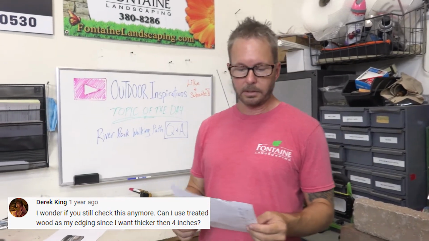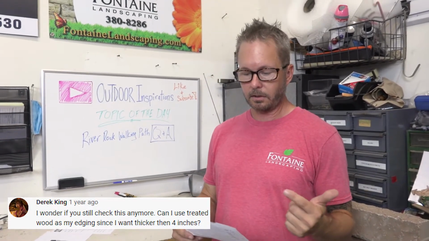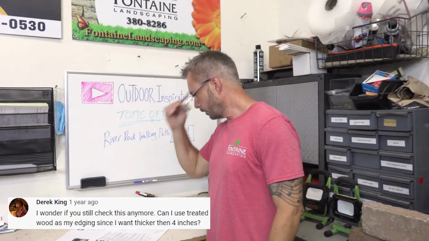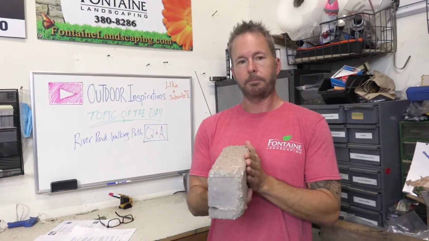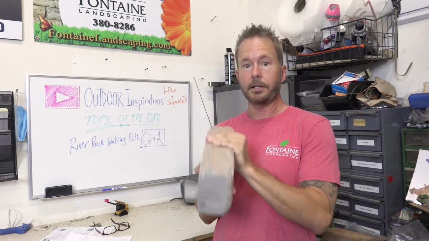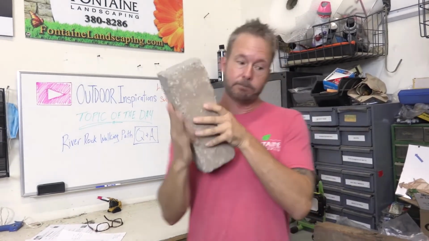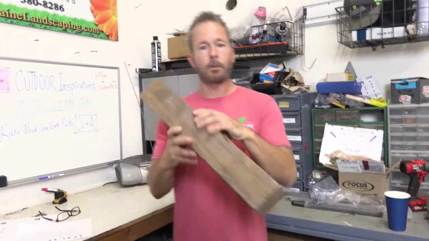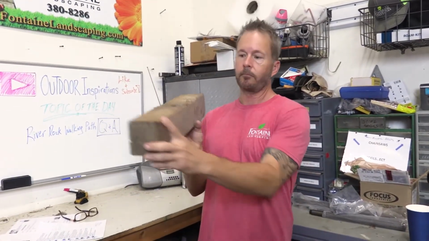Okay, Derek King asks, can I use treated wood as my edging since I want thicker than 4 inches? Certainly can. Now we've used all kinds of edgings in the past to hold in our rock walkway. You've got paver edging, which is super substantial, very decorative, expensive. And then you can go with the standard 4x4 treated.